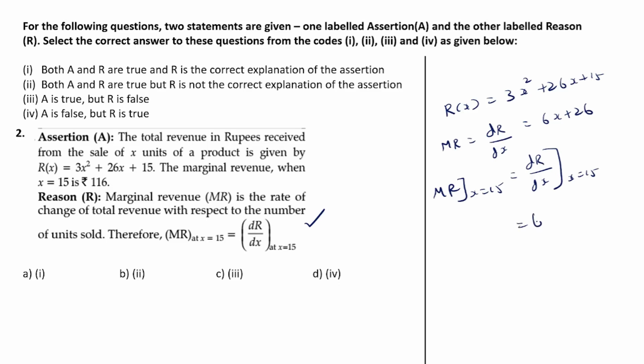So it is 6 into 15 plus 26, which is 90 plus 26, 116. So here we can see that the marginal revenue when x equal to 15 is rupees 116. So the assertion is also true. So here both A and R are true, and R is the correct explanation of the assertion. So the correct option is option A.